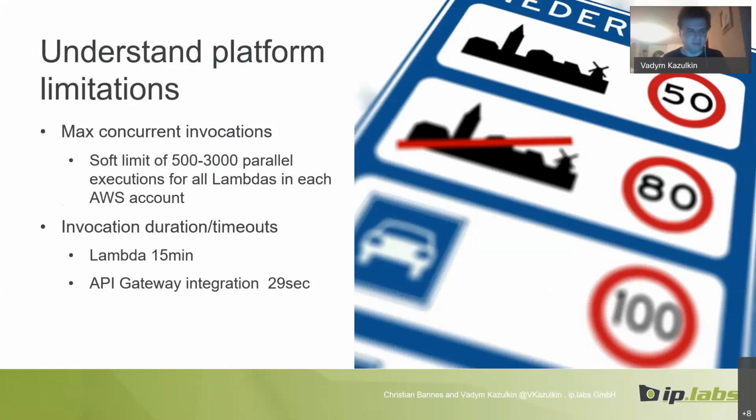I think seconds are too much. And you can assign only 3 gigabytes of memory to your Lambda, which is totally fine. For the most use cases, you can do a lot with 3 gigabytes of memory.